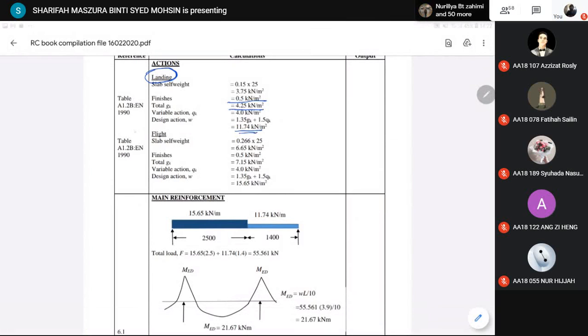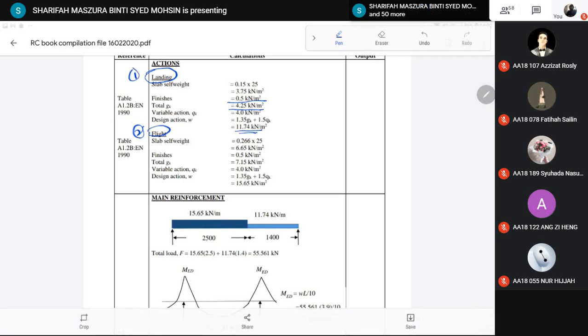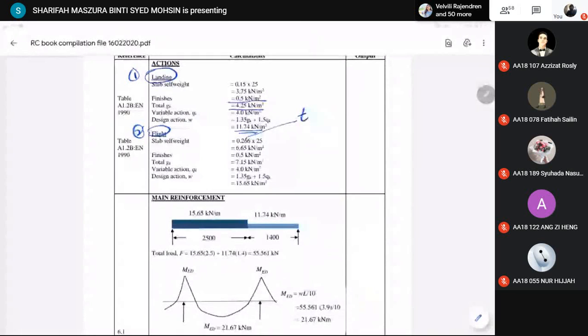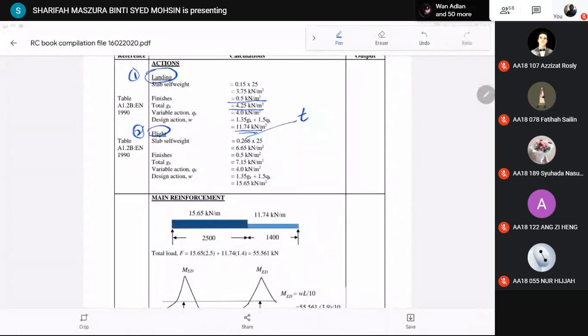Then we calculate the flight, the part where we have steps on the staircase. So 0.266 here is based on the average thickness value that we calculated earlier, converted to meter. So we multiply with concrete density 25.